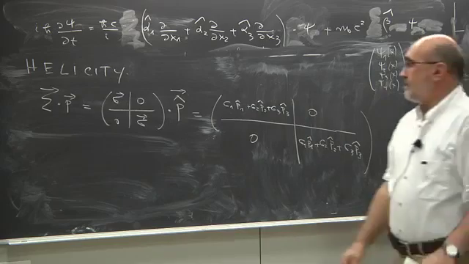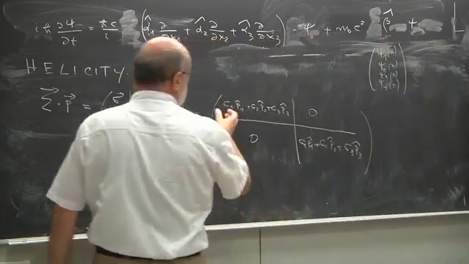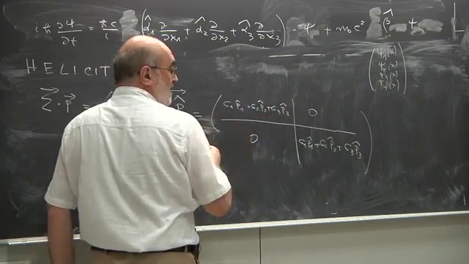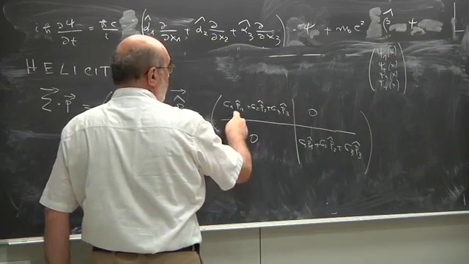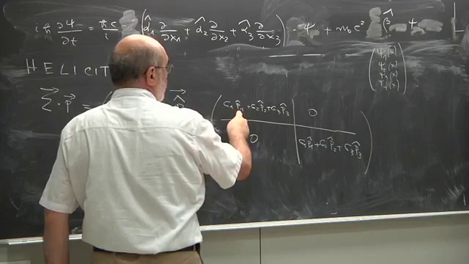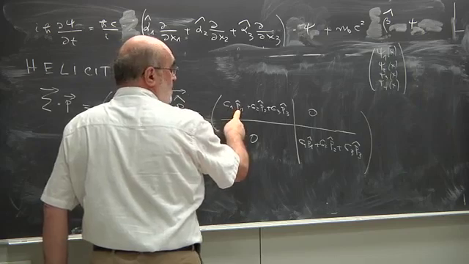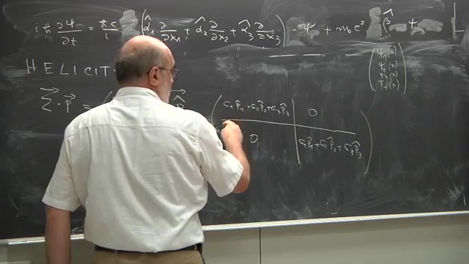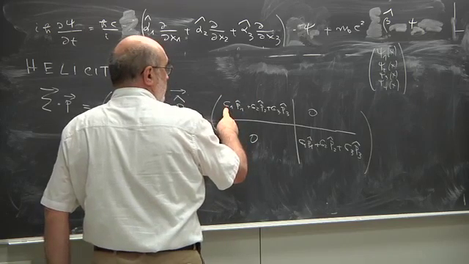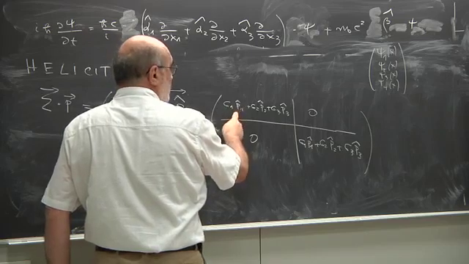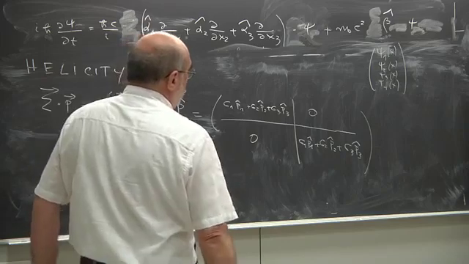Okay? So remember that. In mathematical language, this is also called a sigma matrix-valued Hilbert space operator, or vice versa, a sigma matrix whose elements are Hilbert space operators.